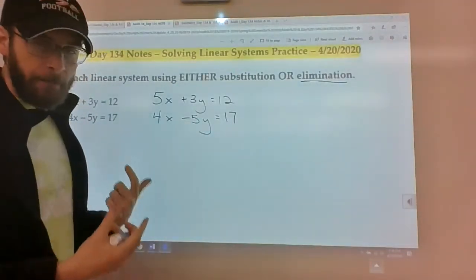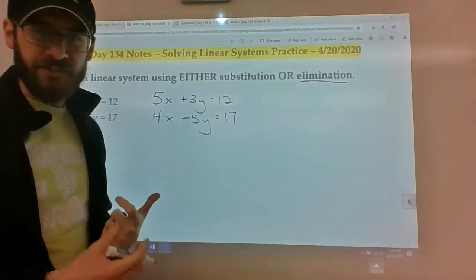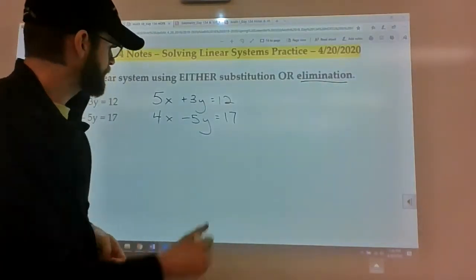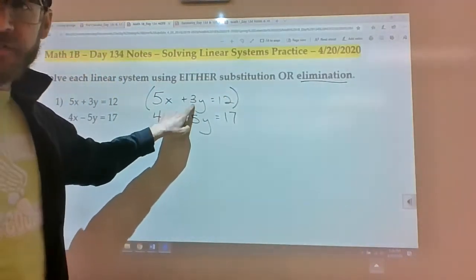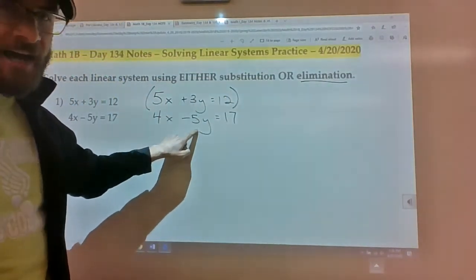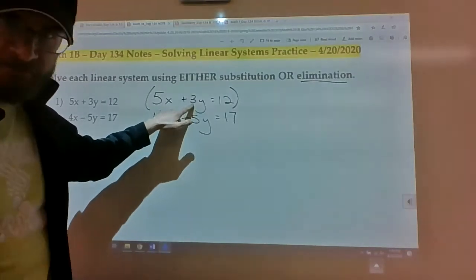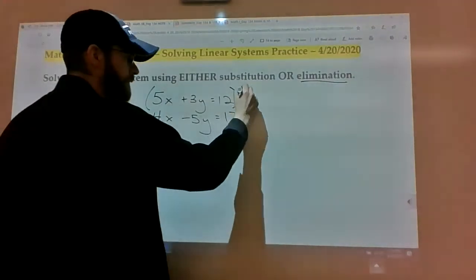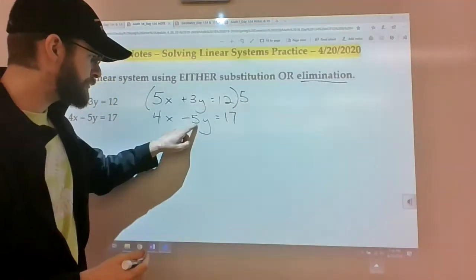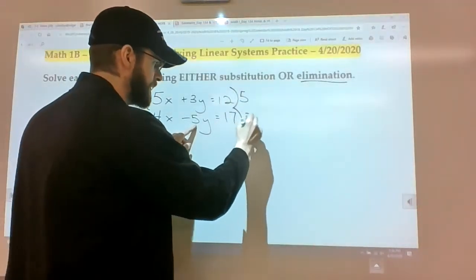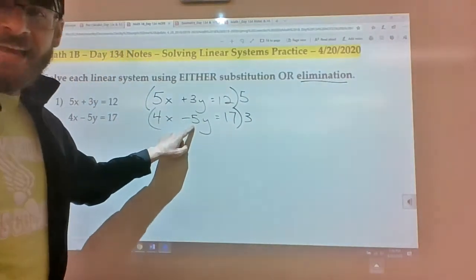Now, the smallest number that 3 and 5 both divide is 15. So what we can do is take this first equation by 5 to make 3y 15y, and multiply the second equation by 3, which will give us negative 15y.